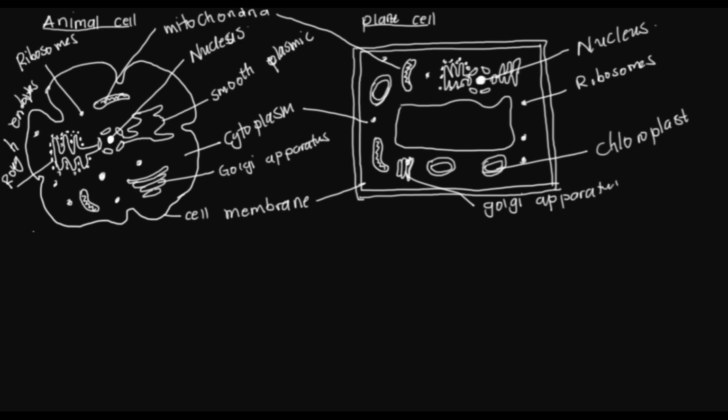So that is the most important part of the chlorophyll. It is just to trap the energy, the sunlight, needed for the process of photosynthesis.